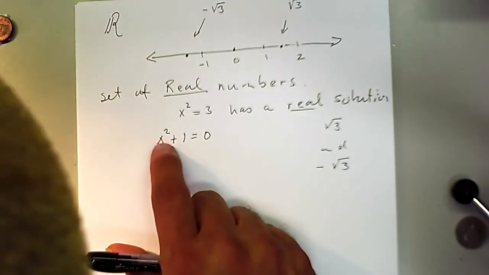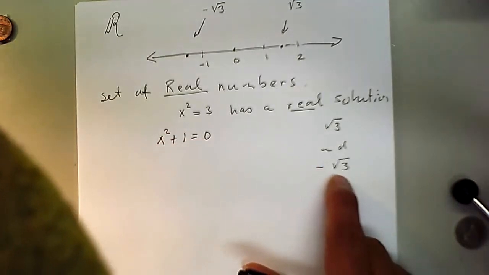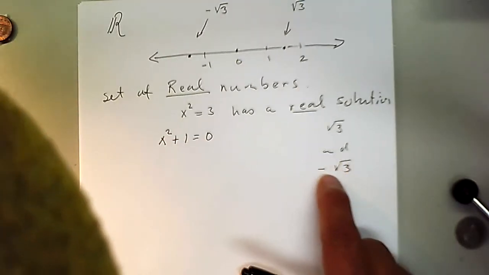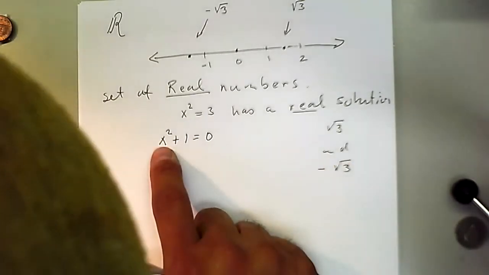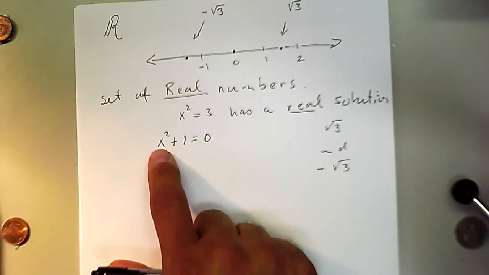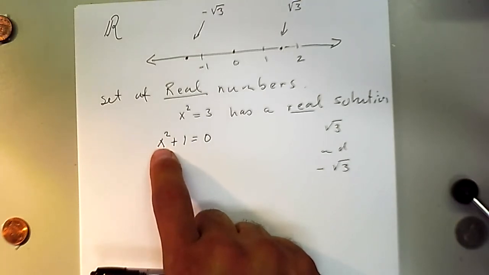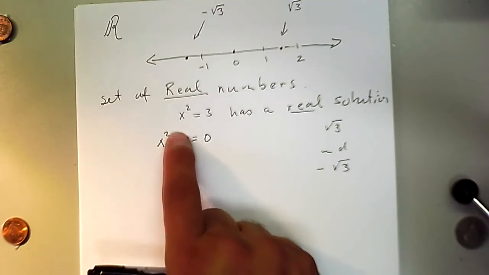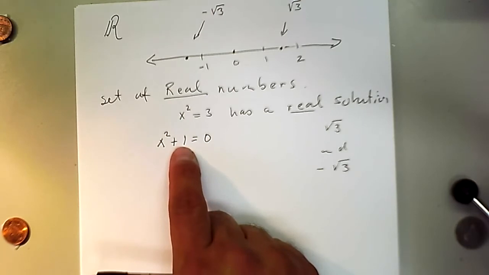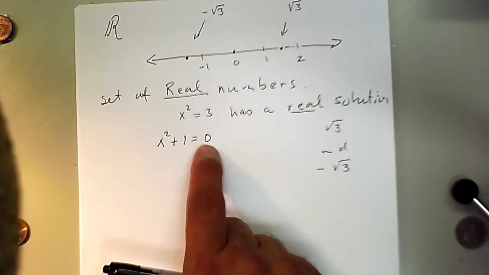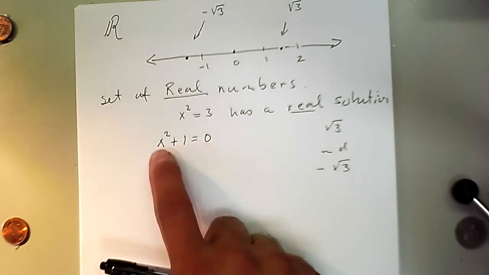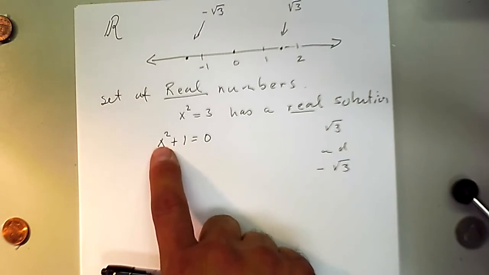Even if you have negative square root of 3, if we square that quantity, you end up with positive 3, or the least that we can obtain is 0. That means the left side of this equation has to be at least 1. There's no way we can get down to 0 in this equation. This equation will not work, no matter what input we use, as long as it is a real number.